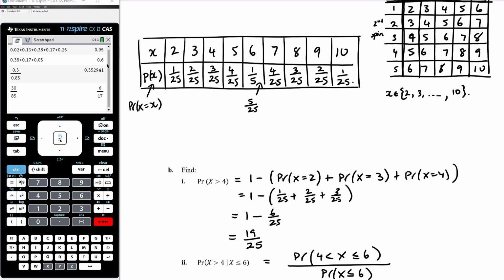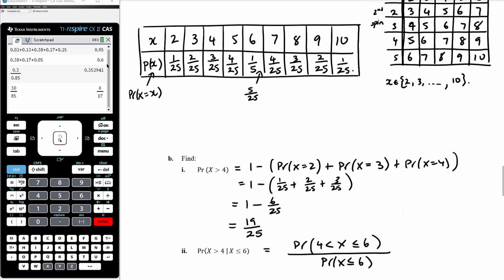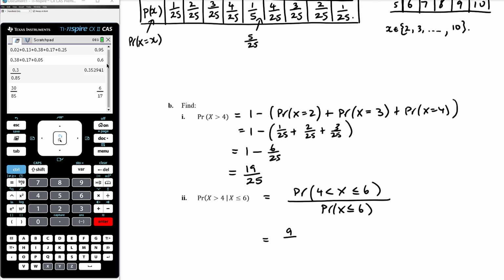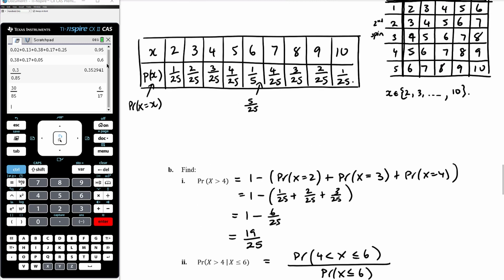And so it's 9/25 for the numerator, over the denominator, which is the probability that x is less than or equal to 6, all of those, so we can add those up. Again, think about it as 5/25, so we've got 1 plus 2 plus 3, which is 6, plus 4, which is 10, plus 5, which is 15 out of 25.